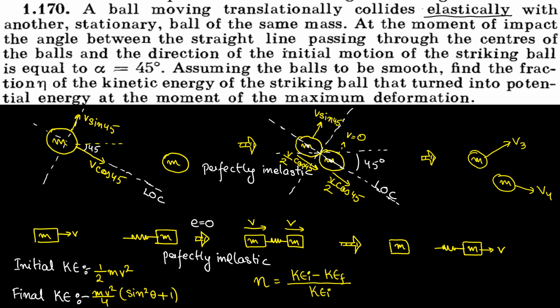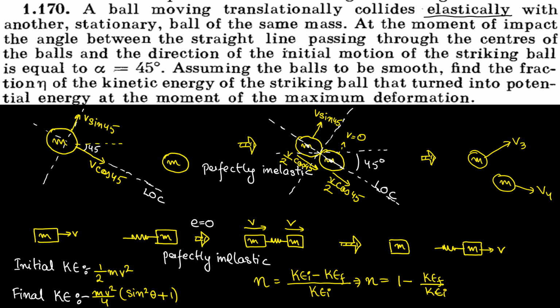Or I can simply do it as 1 minus final kinetic energy by initial kinetic energy. See, if I divide this by this, it is 1. If I divide this by this, it is final kinetic energy divided by initial kinetic energy.